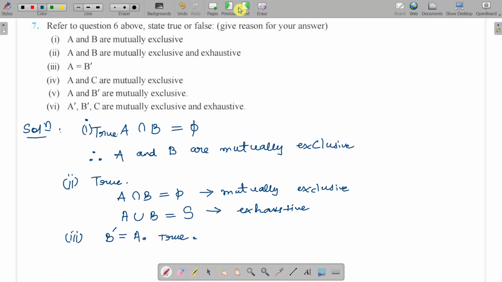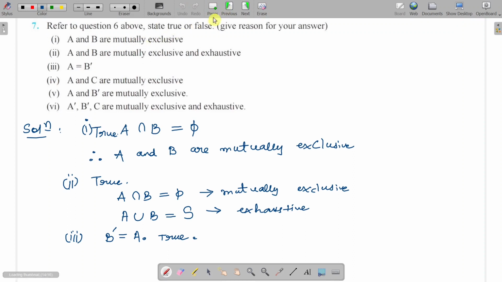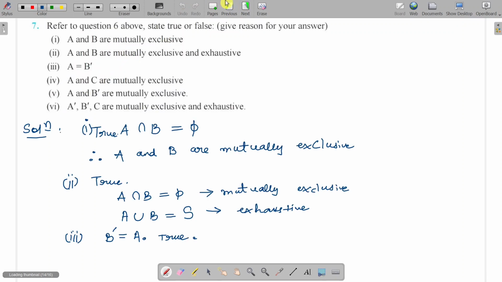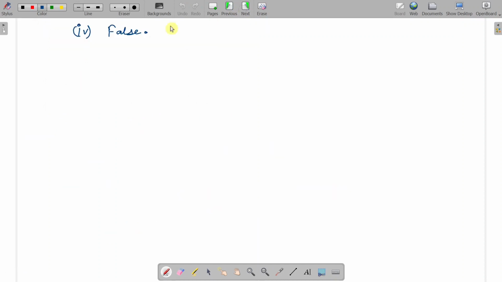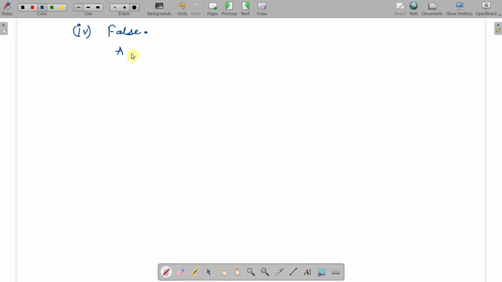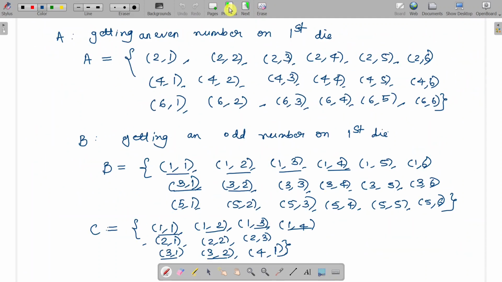So now let us look at the fourth one. That is, A and C are mutually exclusive, we are asking. That is false, right? That is false because if you look at A intersection C, the set A is this, and C is this, right?